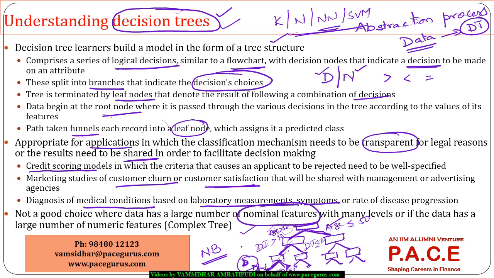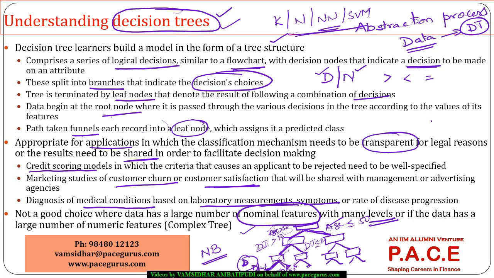But if your data has a good number of nominal features and each nominal feature has so many categories, then the tree will become very complex, and in those kinds of scenarios I really don't suggest using decision trees.